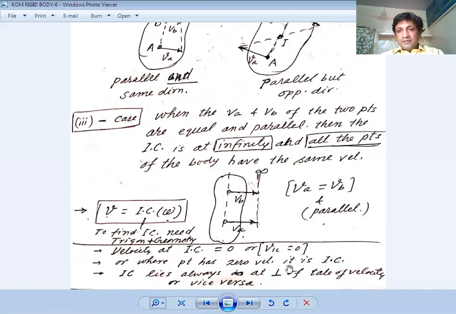Hence this concept can be used in reverse also. The IC always lies on the perpendicular at the tail of the velocity, or vice versa.